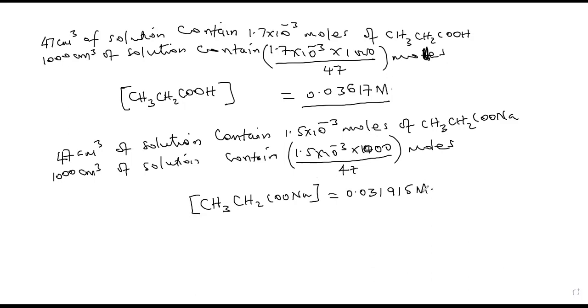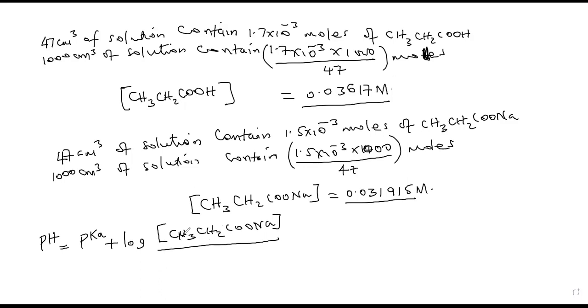Now, we bring these concentrations into our equation: pH is equal to pKa plus the logarithm of the concentration of the salt, sodium propanoate, over the concentration of propanoic acid. pKa is given from the Ka.